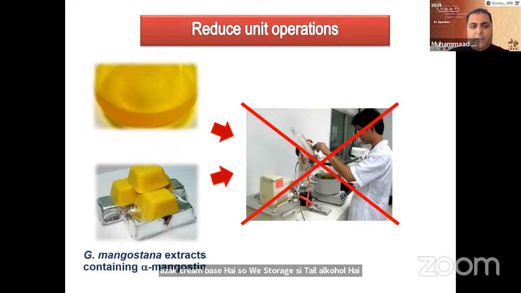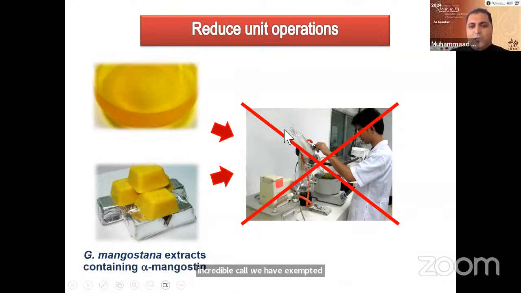So we extracted the mangosteen peel powder directly in cetyl and stearyl alcohol, and we got it successfully, because by extracting directly in the cream base, like in cetyl and stearyl alcohol, we have exempted this stage.